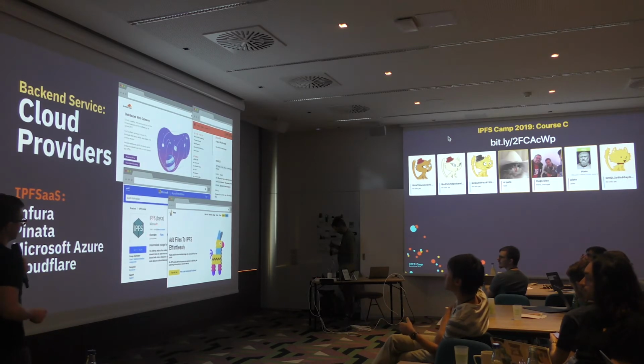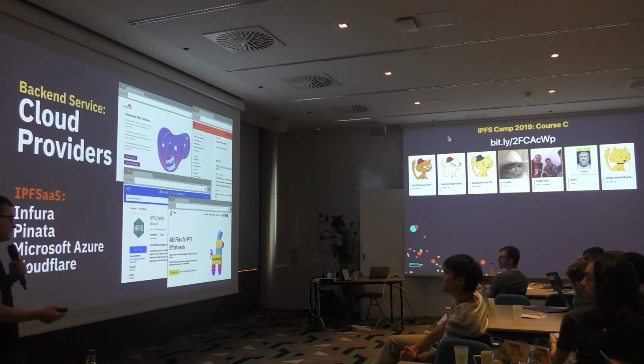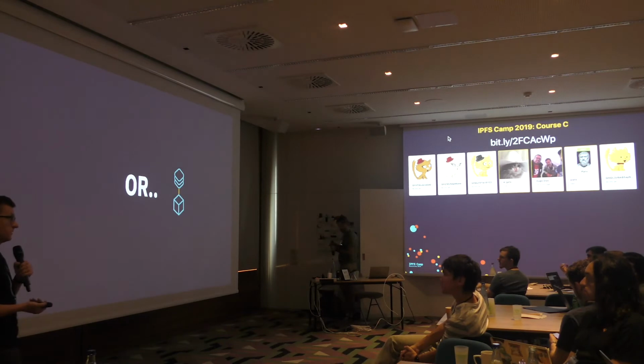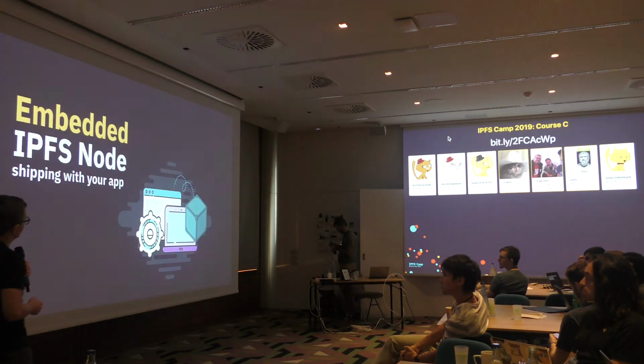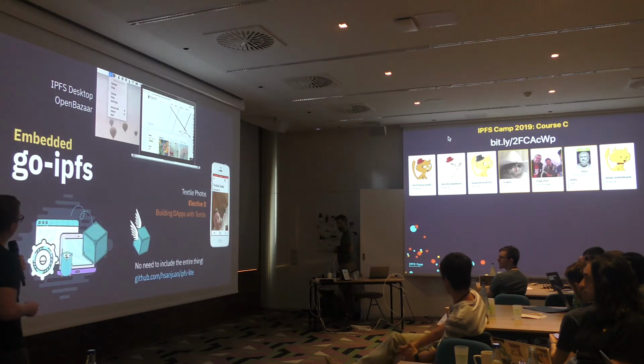And even Microsoft provides a privacy-centric version of IPFS, with which you can create an embedded private swarm. So you can run it on the cloud, but also you can embed IPFS inside of your app, and it will ship with your app.